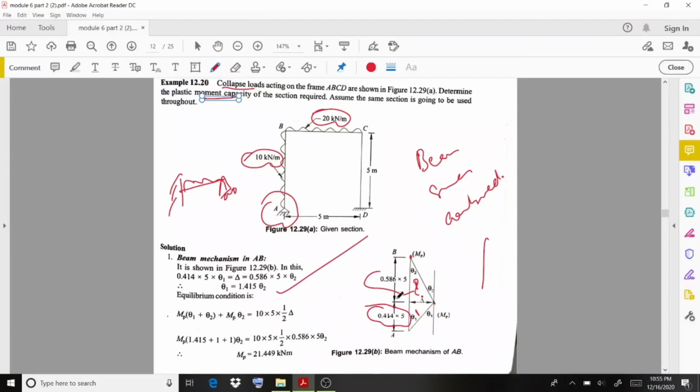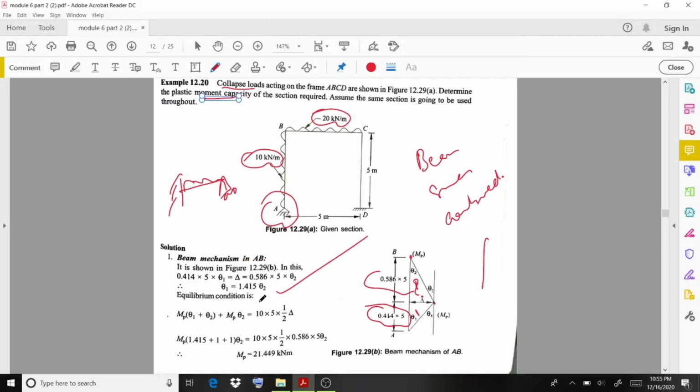Then equate the internal work done and the external work done. The internal work is Mp theta 1 plus theta 2, plus Mp theta 2, and this equals the external work done, whose magnitude is 10 multiplied by the total distance, which is 5, then the average distance, which is delta by 2.